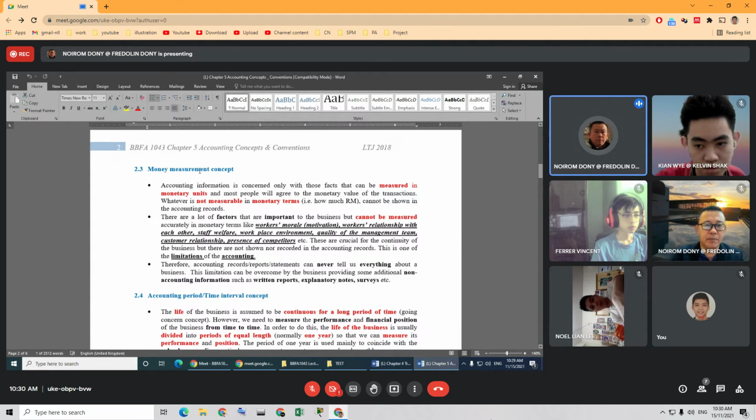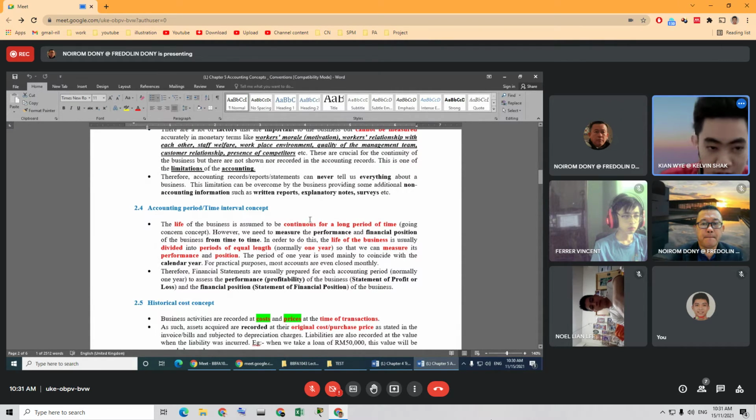So that is the money measurement concept. We only record those transactions that are measurable in monetary units. Those items which are considered important but cannot be measured in terms of money, we don't record. That one we can find in the written report and explanatory notes.